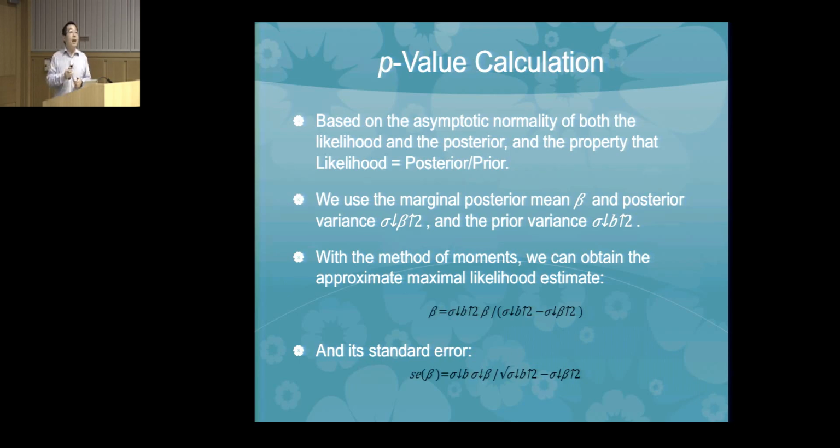Now, after this MCMC computation, what we do next is to compute the p-values. Again, we're not interested in doing Bayesian inference, but rather we want to use the MCMC as machinery to get the p-values directly. To do that, we essentially rely on the asymptotic normality of both the likelihood and the posterior.